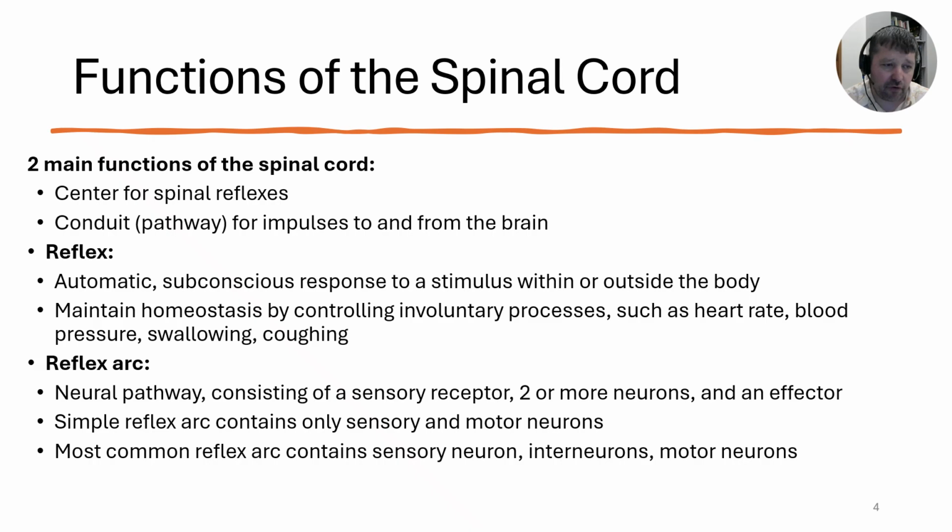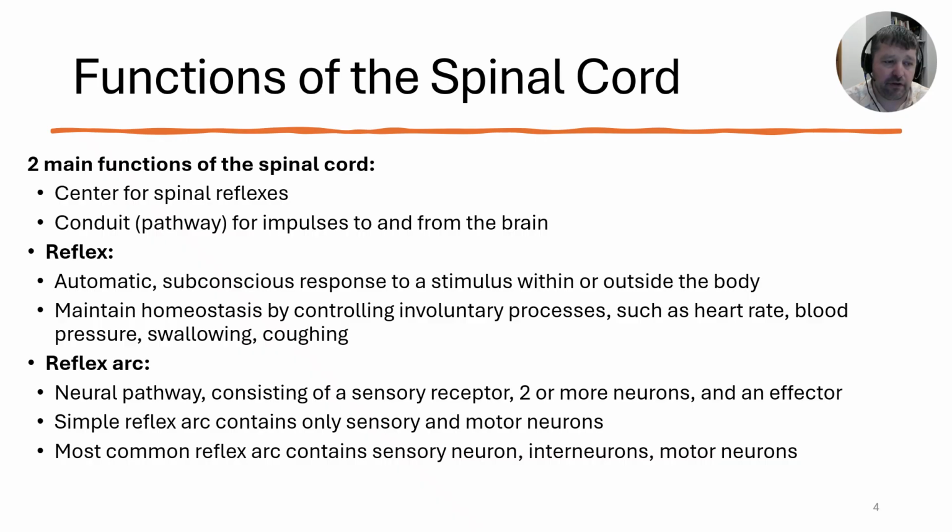So the reflex arc just means that we're tracking the pathway of the neural impulse. Okay, so how does it go? It's going from the sensory receptor to neurons to an effector. So it's coming back. Okay, a simple one. Normally, when we talk about simple reflexes, it means there are fewer connection points.